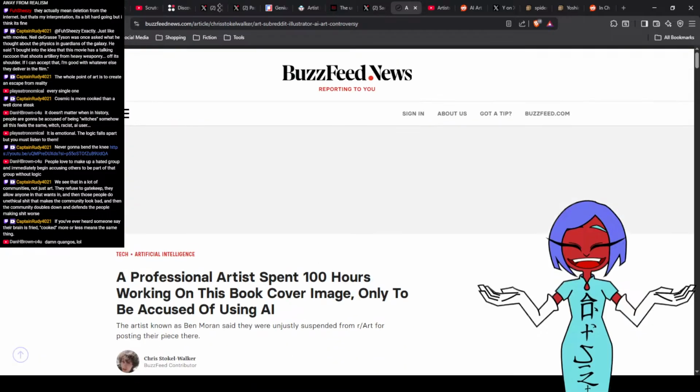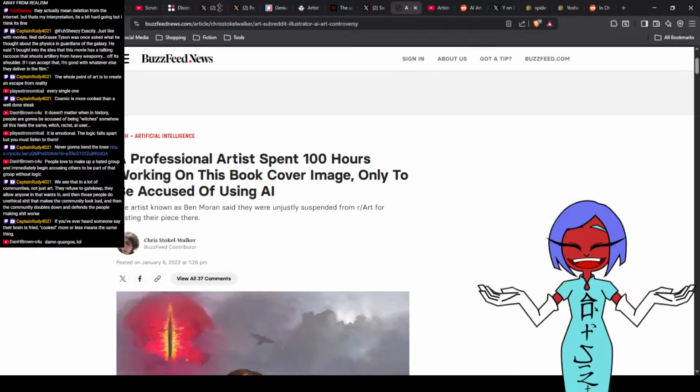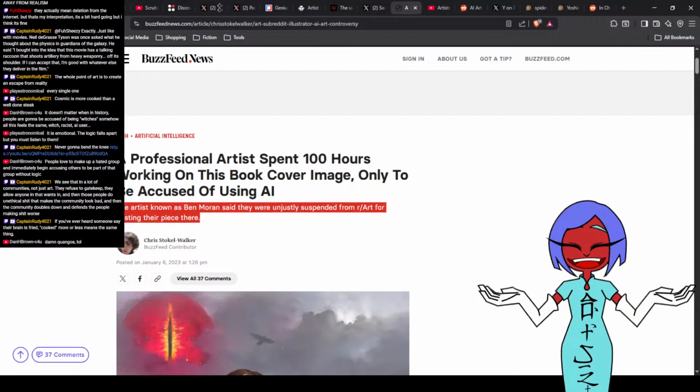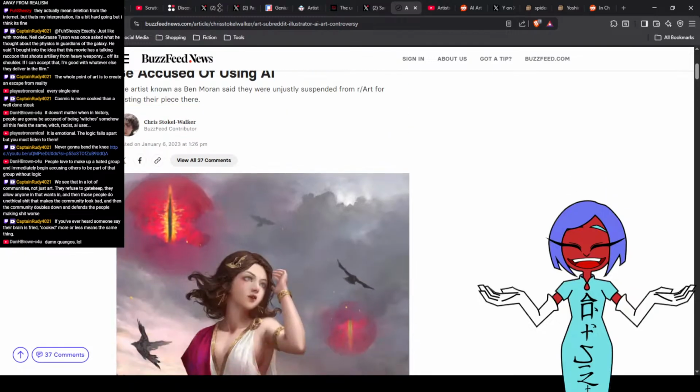Let's try another one. I keep hitting the right click on accident. Professional artists spent hundreds of hours working on this book cover image only to be accused of using AI. The artist known as Ben Moran said that they were unjustly suspended from r/art for posting their art piece there. Oh, and by the way, r/art also apparently had mods power tripping and basically saying if you don't want your art deleted from r/art, then don't make pieces that look like they could be AI.